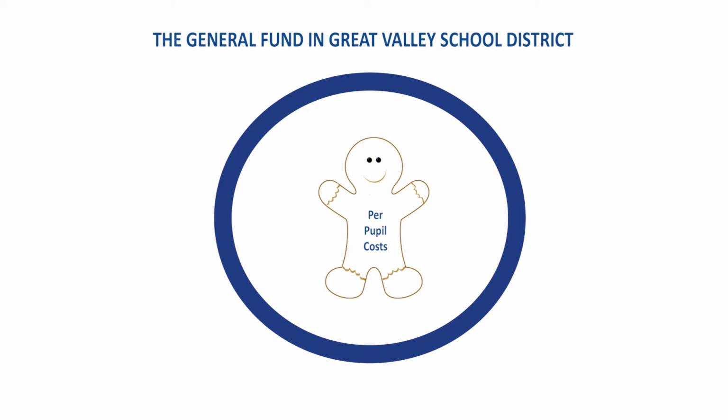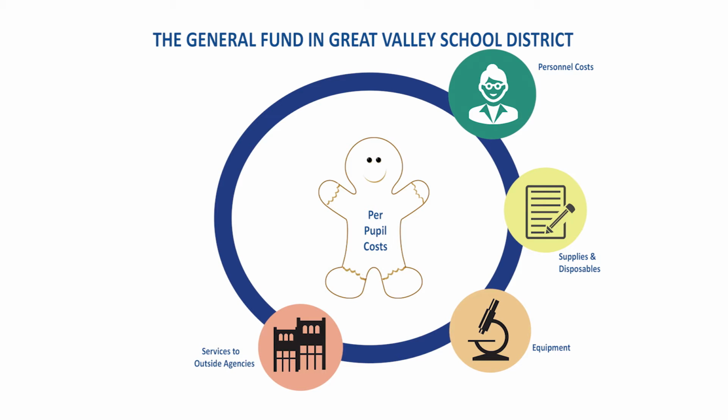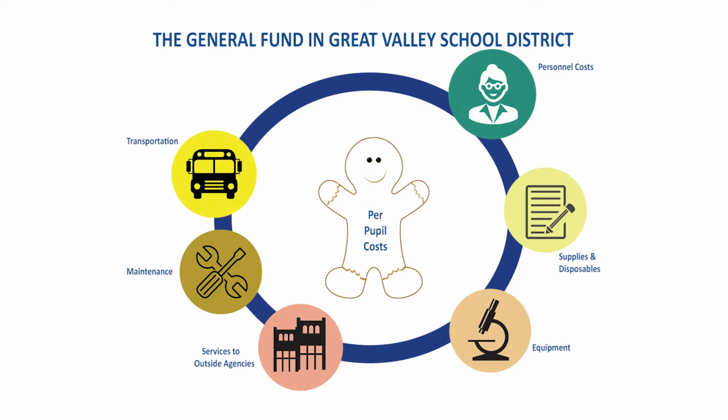In Great Valley, our general fund includes the following expenses: personnel costs, staffing and healthcare, for example; supplies and disposables, things like paper and classroom supplies; equipment, which includes things like microscopes, computers, and other technical supplies; services to outside agencies, like charter schools and special education placements and services; maintenance, to maintain or upgrade facilities; transportation, to get students back and forth to our schools and to the schools we service every day; and finally, debt, any money owed for building projects, technology initiatives, or new schools, for example.